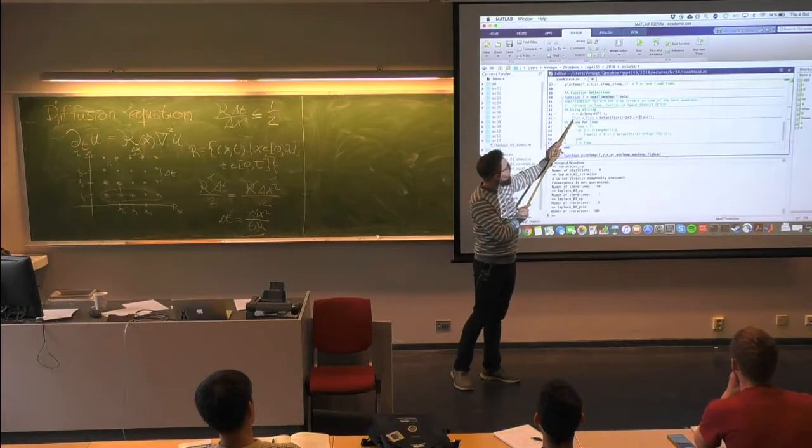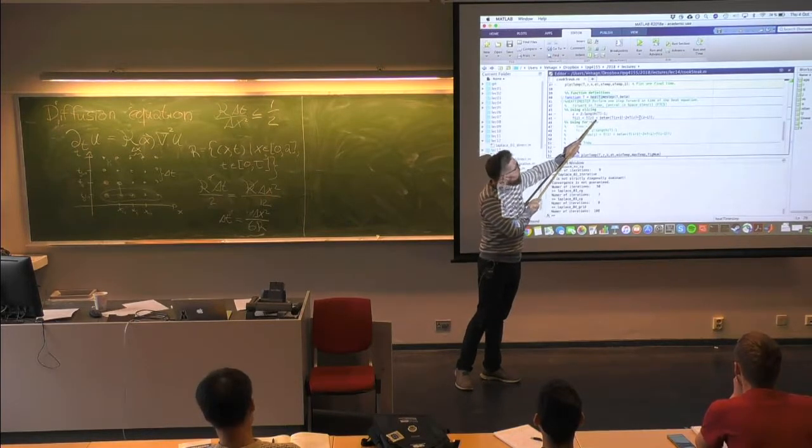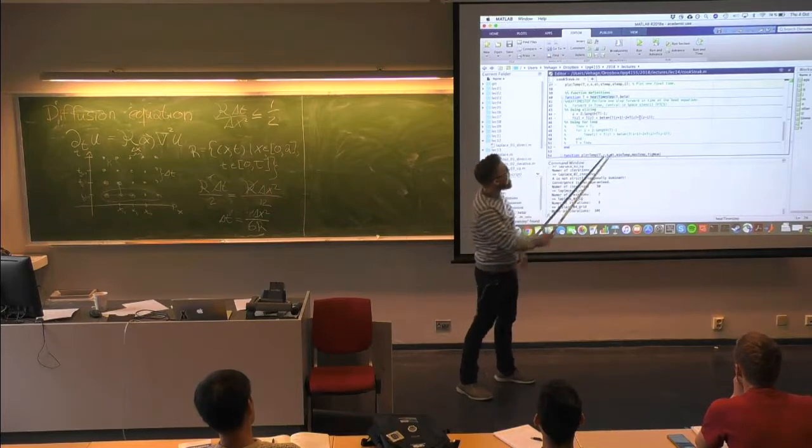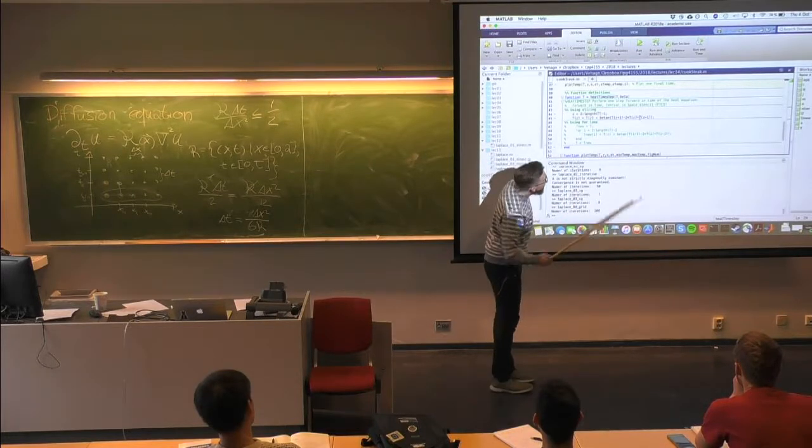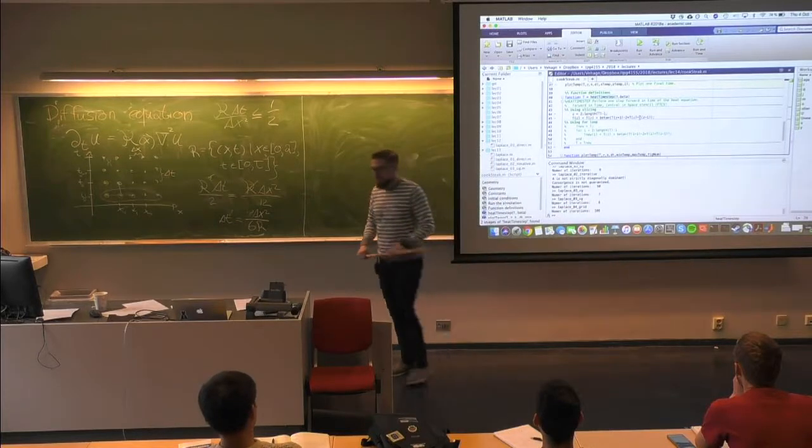The next time step equals the previous one plus beta times U of i plus 1 minus 2 U i plus U i minus 1.